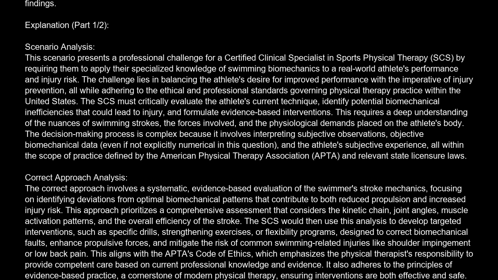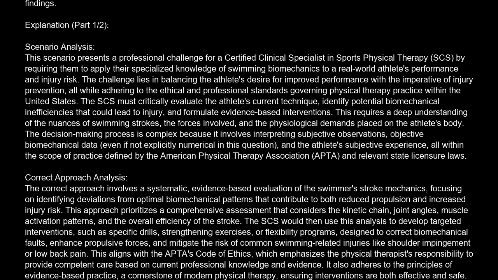Correct approach analysis. The correct approach involves a systematic, evidence-based evaluation of the swimmer's stroke mechanics, focusing on identifying deviations from optimal biomechanical patterns that contribute to both reduced propulsion and increased injury risk. This approach prioritizes a comprehensive assessment that considers the kinetic chain, joint angles, muscle activation patterns, and the overall efficiency of the stroke.